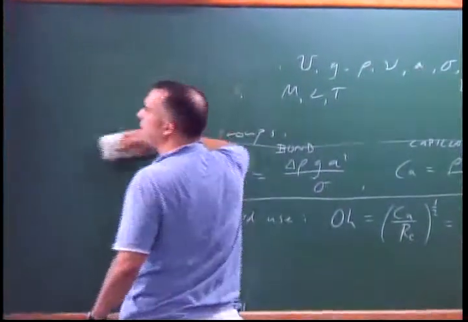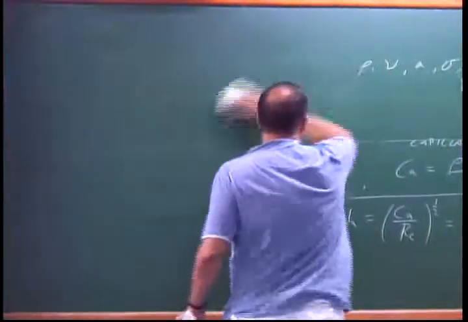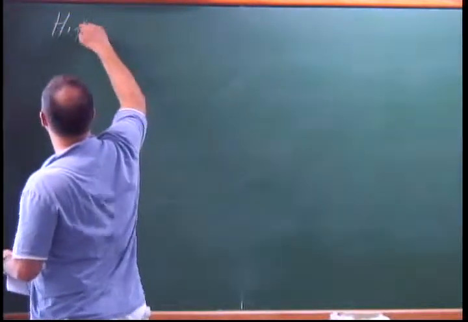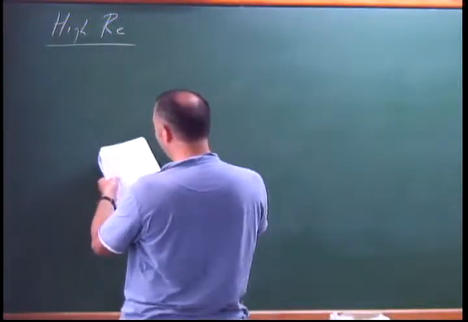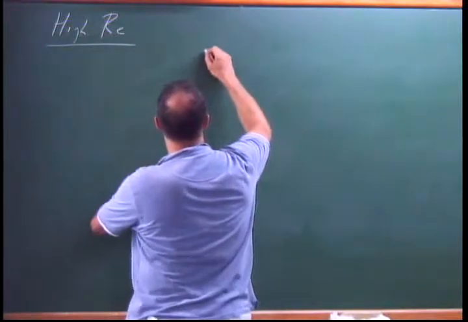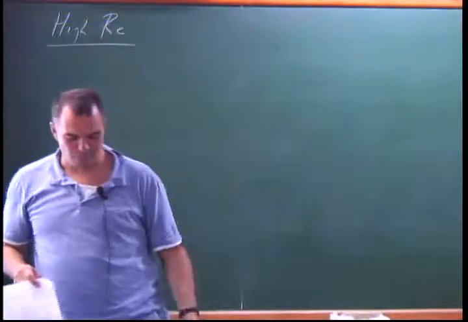Okay, so we're getting into the high Reynolds number regime, and we can do the scaling here. Let's assume the bond number is large enough that the thing stays together. So what's the drag at high Reynolds number?